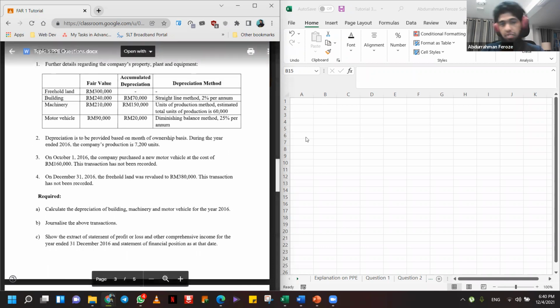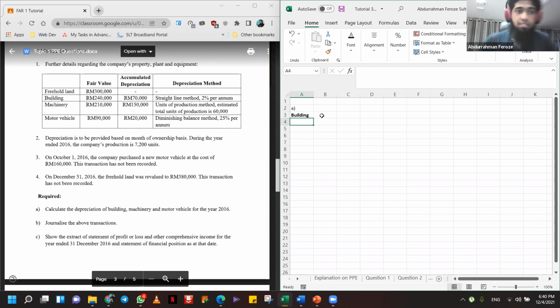So first of all, which is part A, calculate the depreciation of the building, machinery, and the motor vehicle for the year 2016. Okay. So let's take part A, right? Let's first cover the building, right?